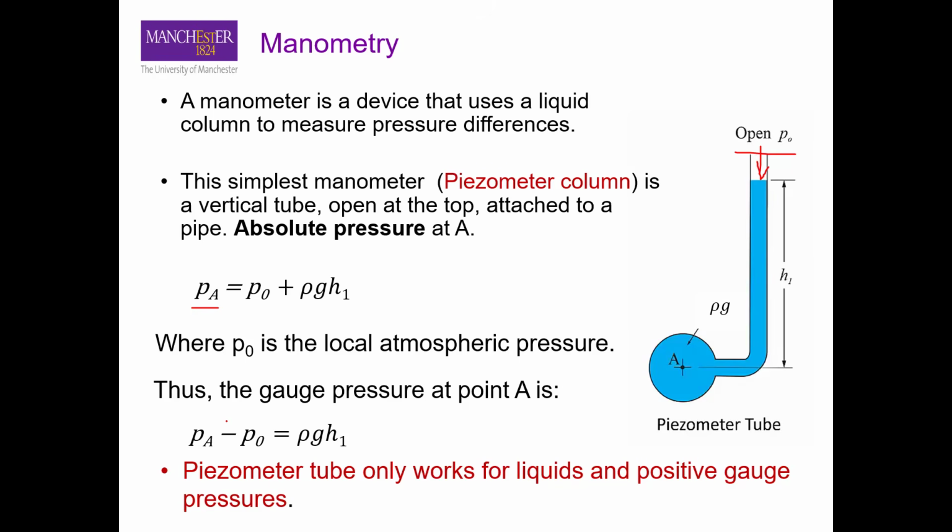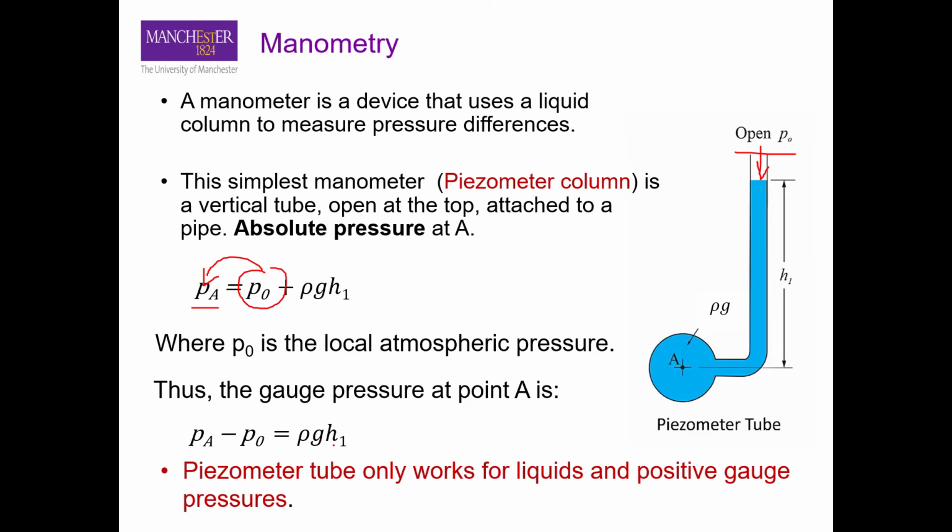And if we want to write it in the form of gauge pressure, we can take this P naught from this side to this side, and we have the gauge pressure, that is PA minus P naught, equal to rho GH. Just by calibrating this pressure with height, because we know the values of rho and G, they are constant, just by looking at the value of height, we can calculate the pressure difference or the pressure inside this system. Okay.